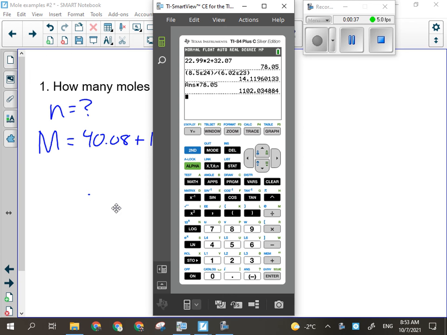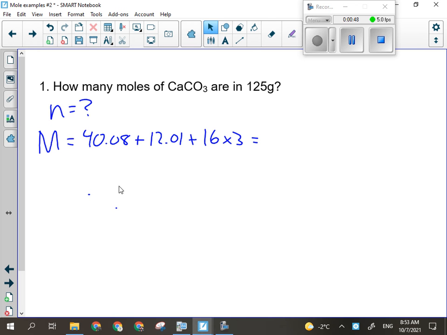So that was perfect timing. 40.08 plus 12.01 plus 48 is 100.09 grams per mole. And the last thing they tell me is 125 grams, which is little m, or mass. So 125 grams.